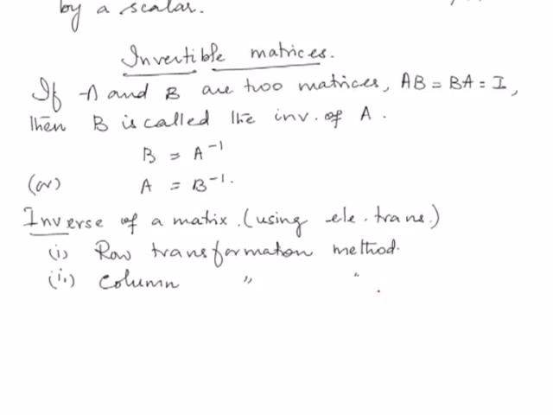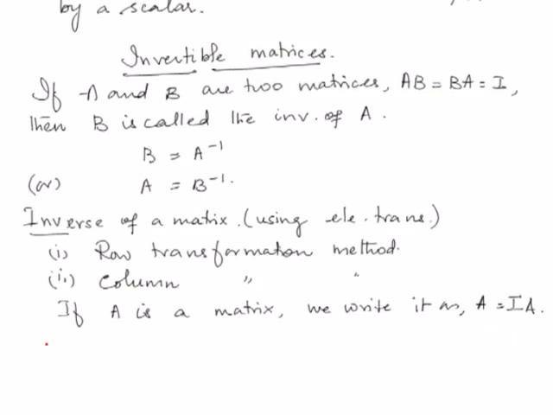Now, what is the method involved in it? First of all, if I consider a matrix A, and if its inverse exists, then we shall write it as A is equal to IA. I am sure you are now aware of what I is, which is the identity matrix.